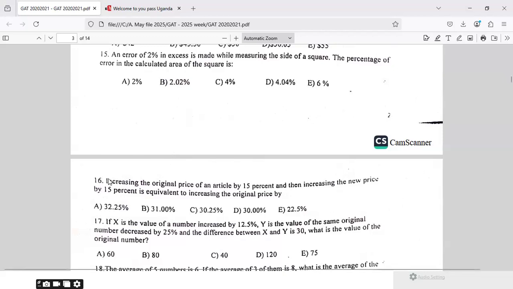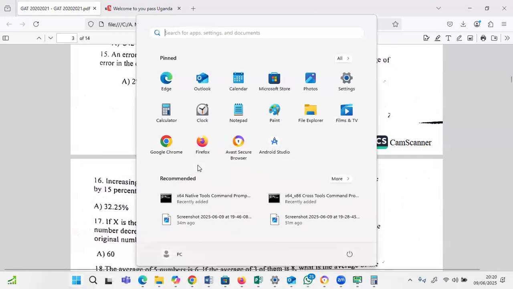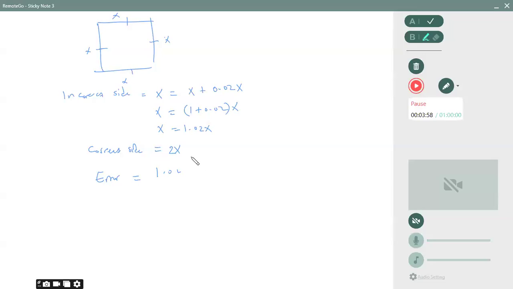So the error, let's look at it, is the difference between the two values. Remember, this is for the incorrect side, and it is just one side, but we have to multiply it by 2 sides.